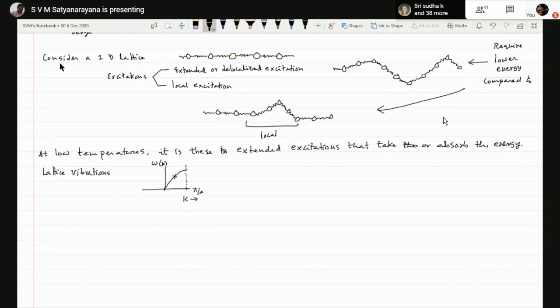This is completely a classical statement: you have different frequencies allowed, and each frequency is like a normal mode frequency, and the frequency depends on the wave vector. Omega of k is called the dispersion relation.